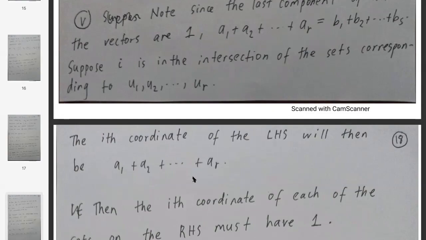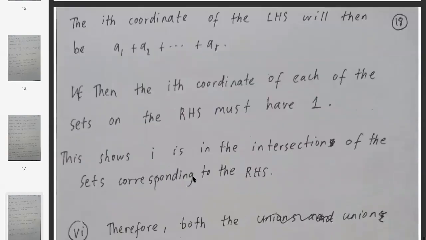This shows that if there is an element in the intersection of the sets corresponding to the LHS, then it must be in the intersection of the sets corresponding to the RHS. And the exact same argument reversed shows that if there is an element in the intersection of the sets on the RHS, it must be in the intersection of the sets in the LHS.